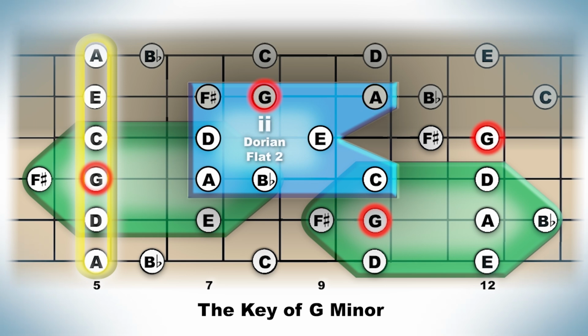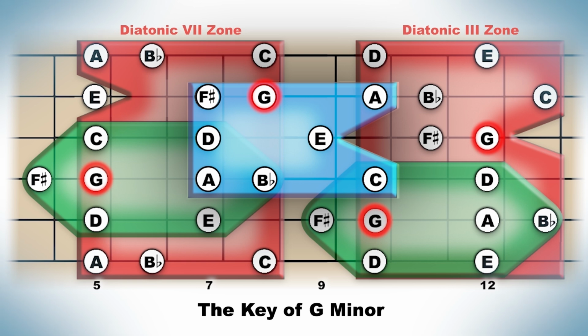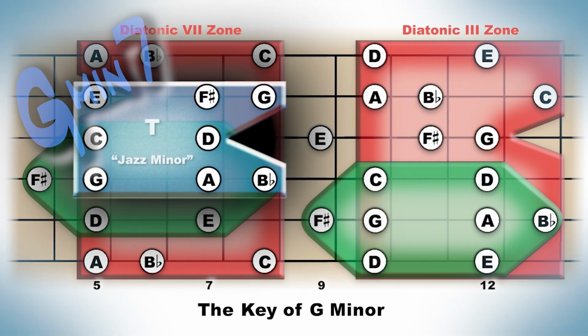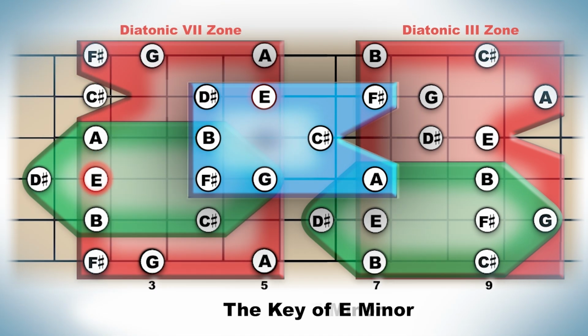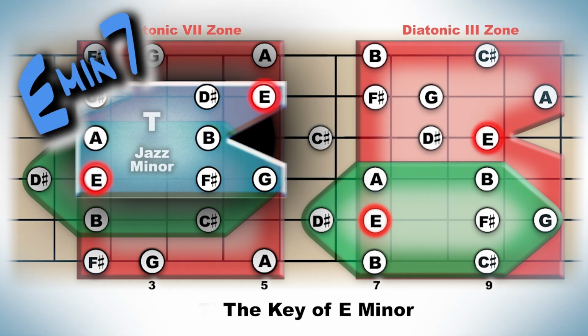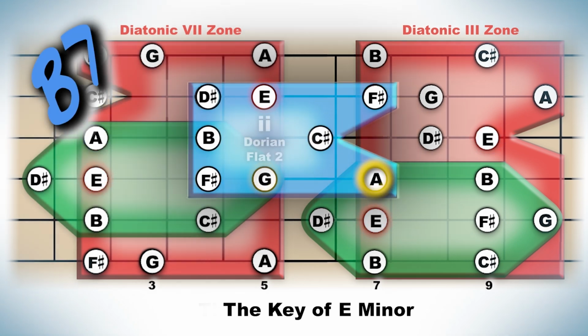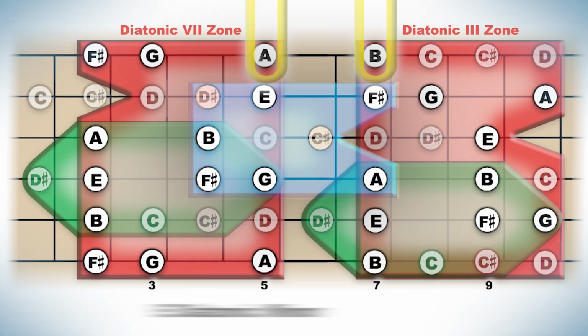And other melodic minor modes. Key change in there. Now we're in E minor. Now let's go from E melodic minor back to diatonic minor.